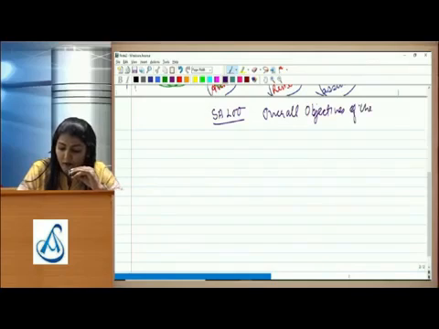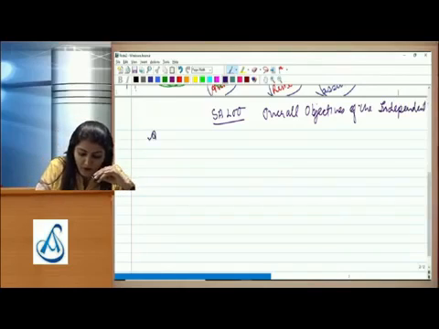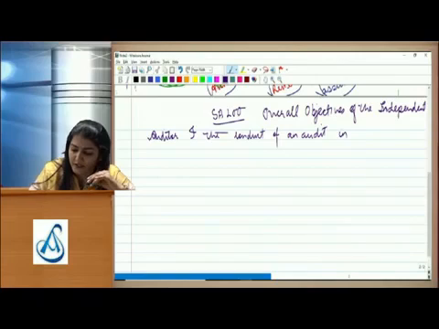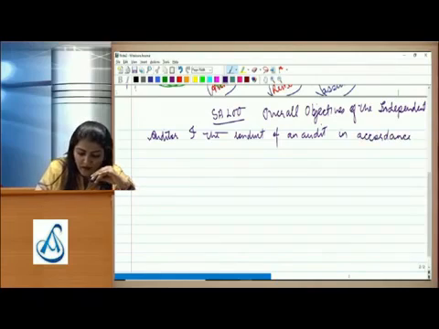Overall objectives of the independent auditor and the conduct of an audit in accordance with the standards on auditing.